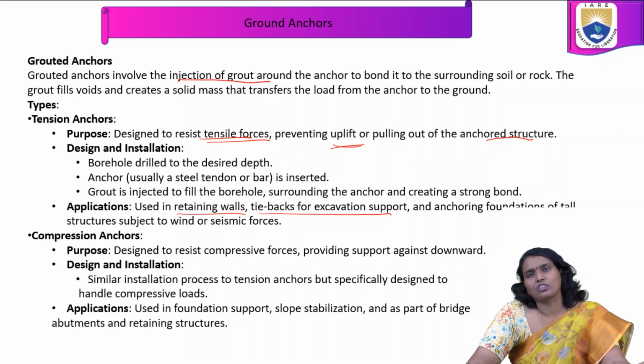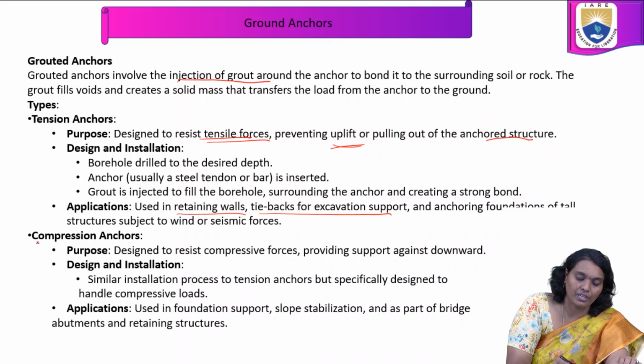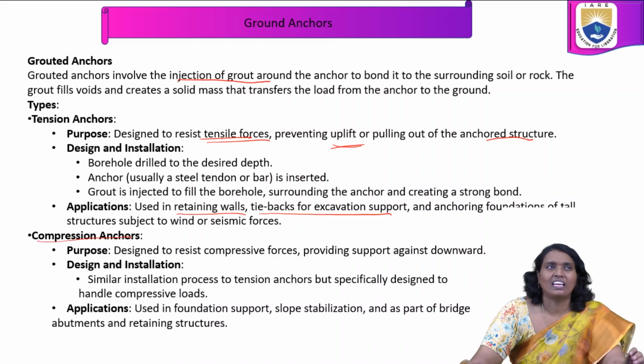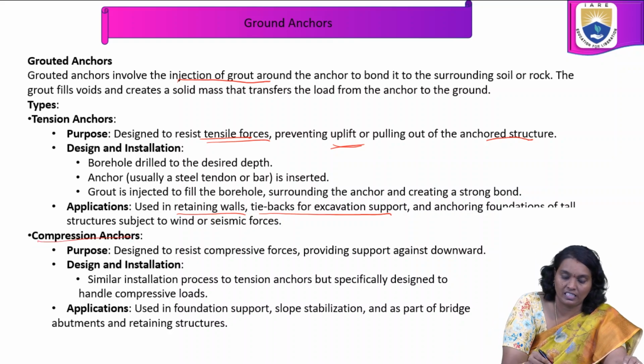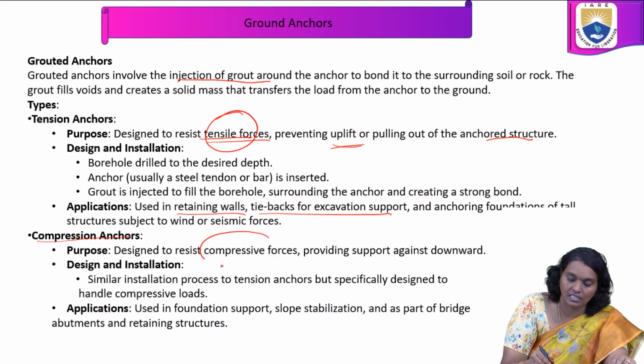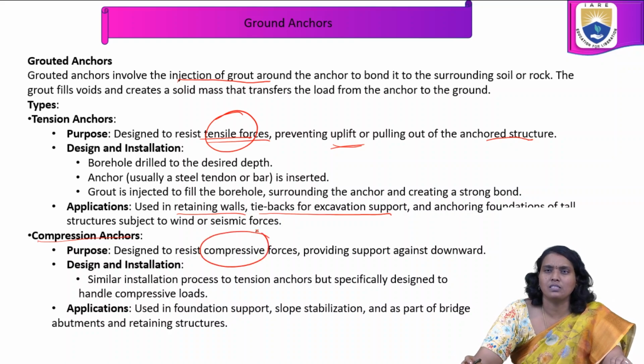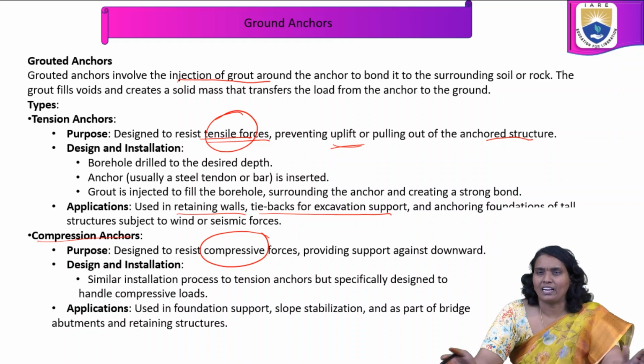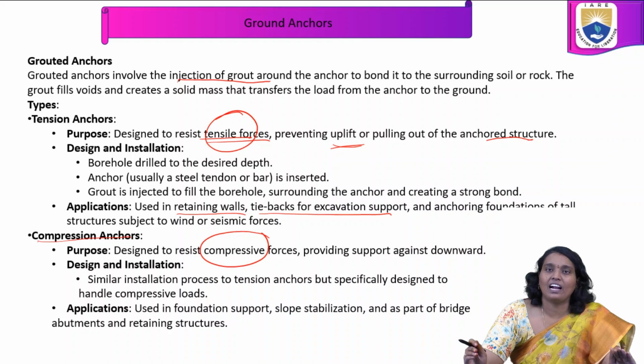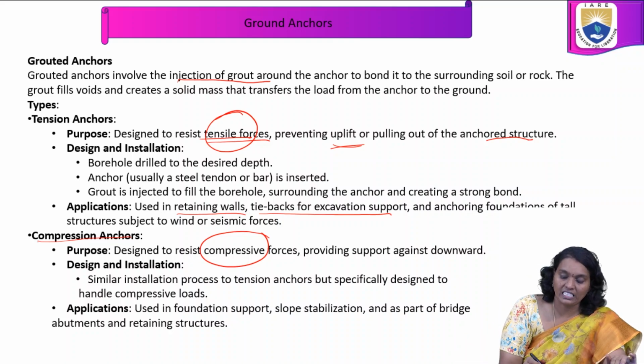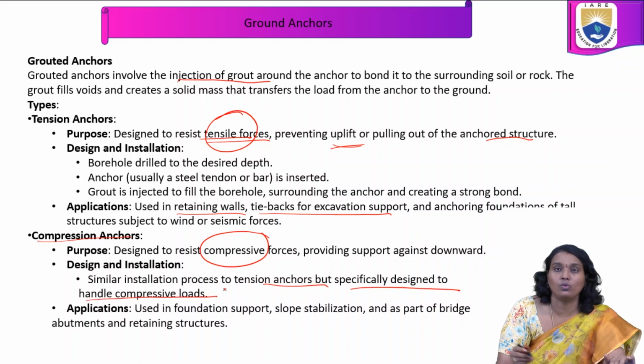The next type of grouted anchors is compression anchors. A compression anchor resists compressive forces, providing support against downward and lateral loads. The installation process is similar to that of tension anchors, but they are specially designed to handle compressive loads.